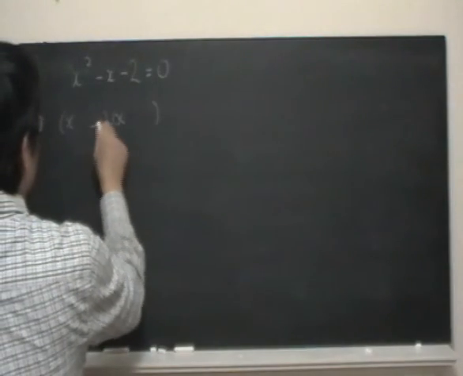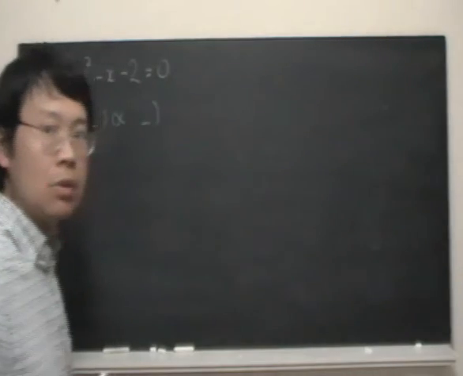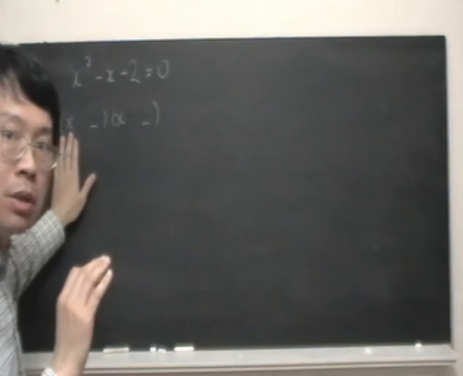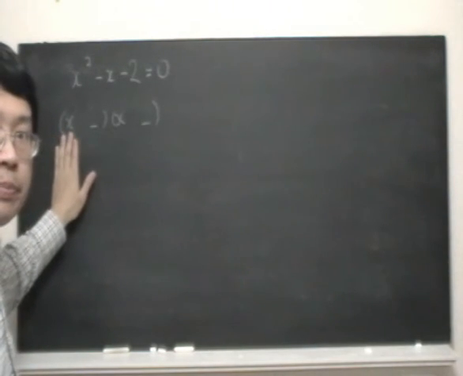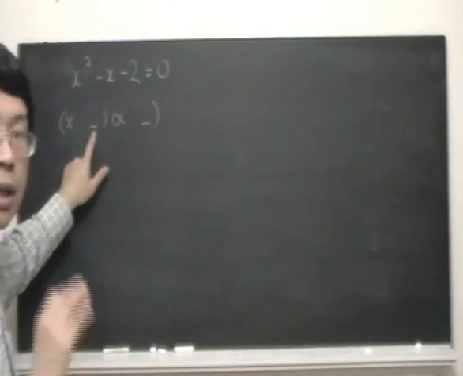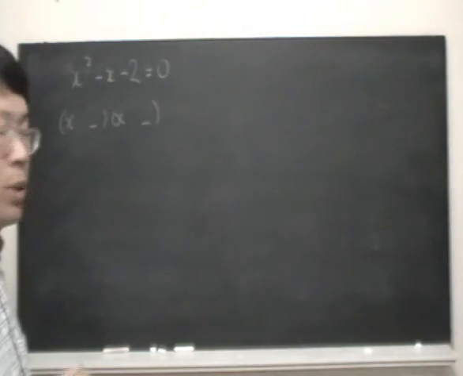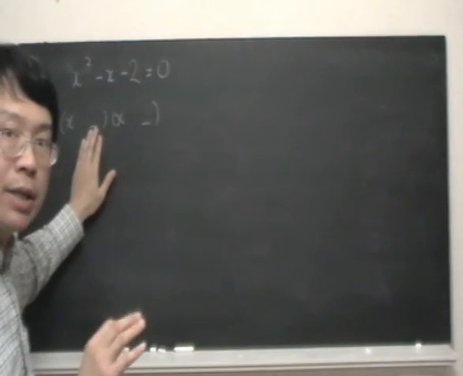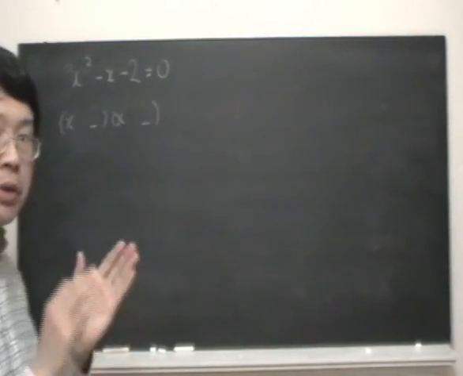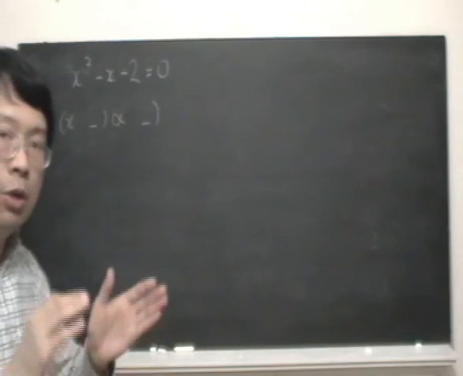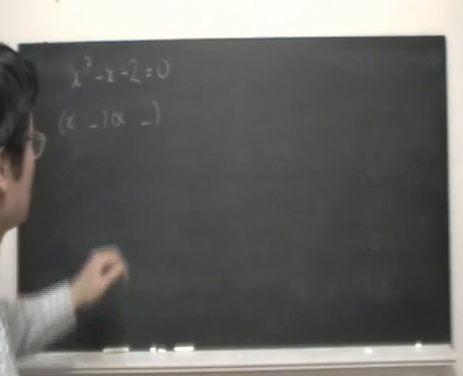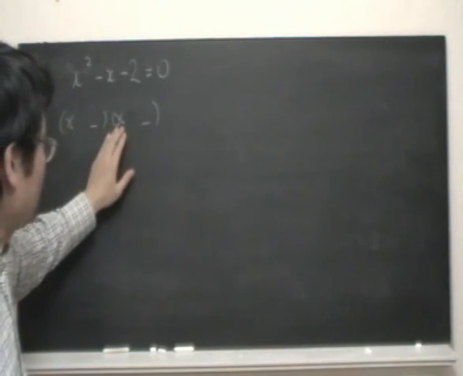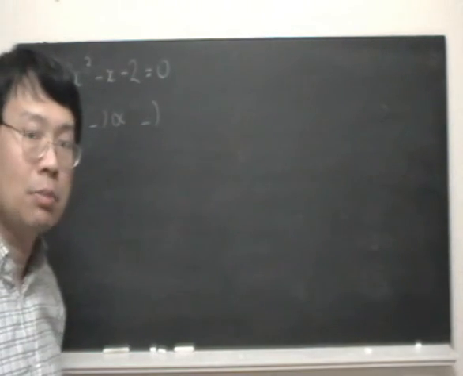Put a blank on the other side. So each bracket should have two terms. It should have x, and there should be a number. We don't know the number yet. We are just putting a blank here. We are just preparing a space for it, and we are going to try and find this number. And it's the same for the other bracket. Alright, each bracket is x plus a number.